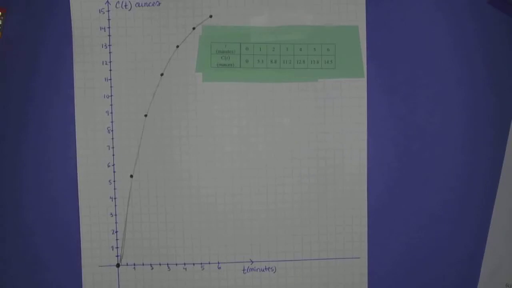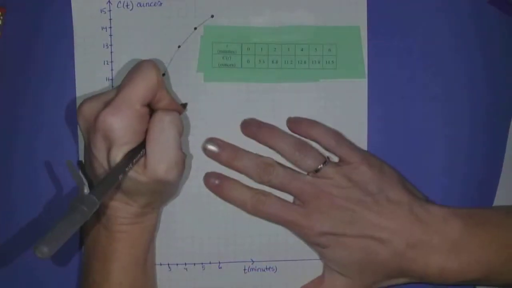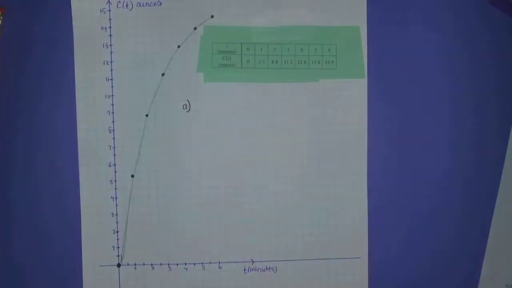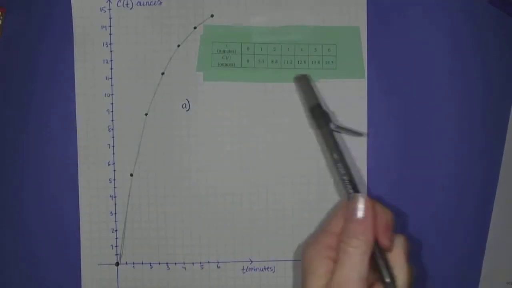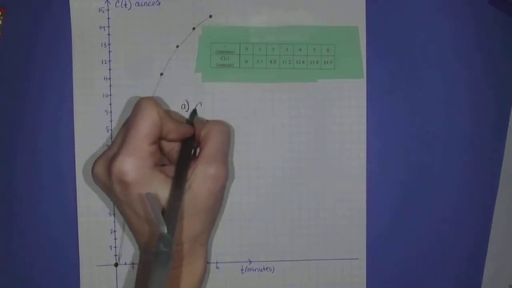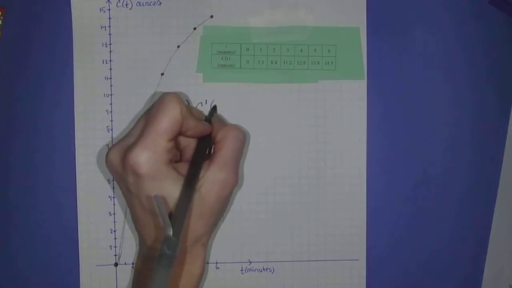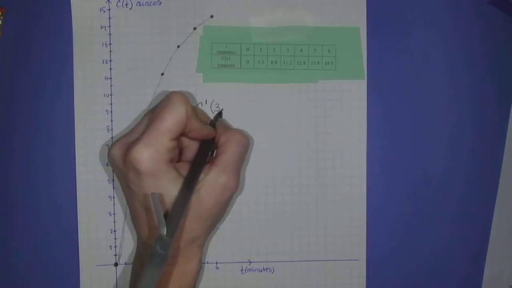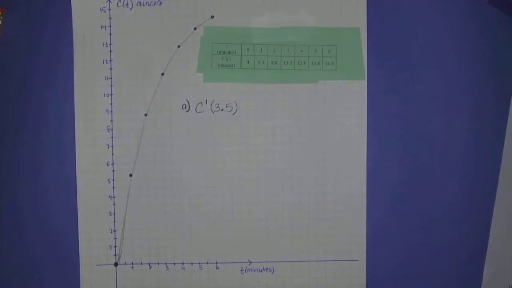Okay, so now we get into answering the question. So let's take a look at part A. Part A says, use the data in this table to approximate C prime of 3.5. So we are approximating the derivative of C, or the slope of C, at 3.5.